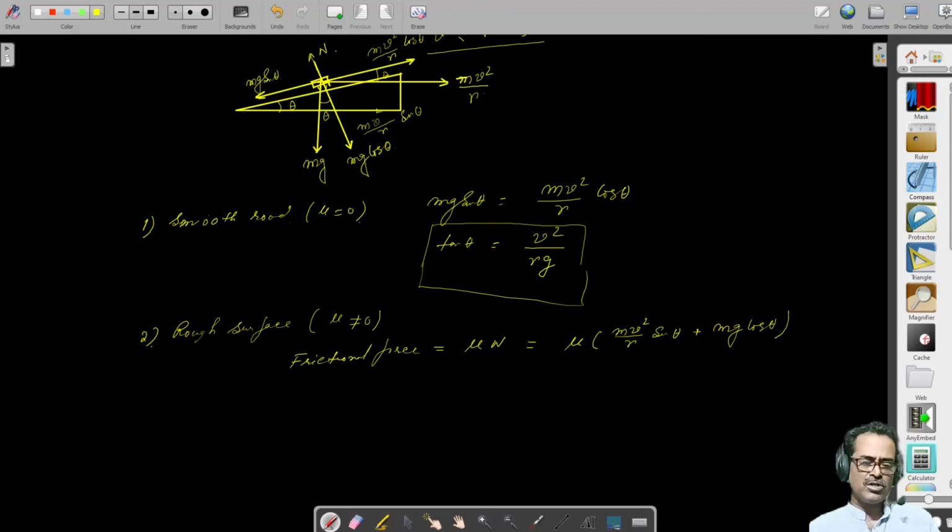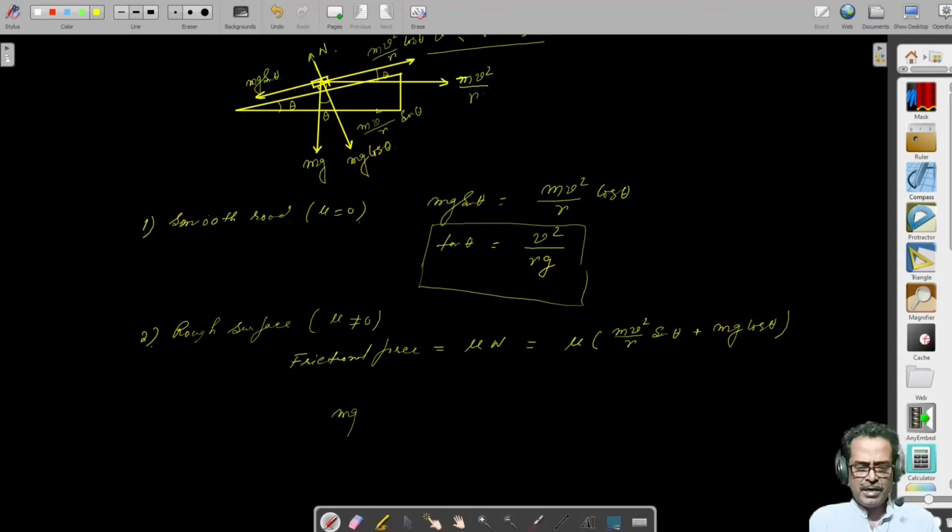And frictional force acts in this direction against the skidding action. So friction force will help not to skid the car, so it will act in downward direction, that is along the direction of the mg sin theta.